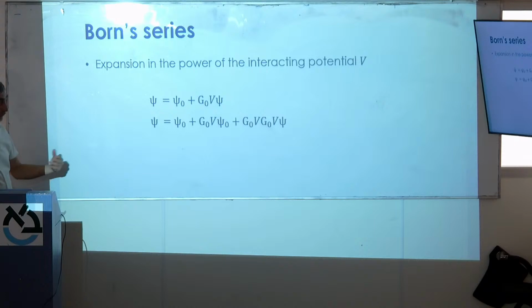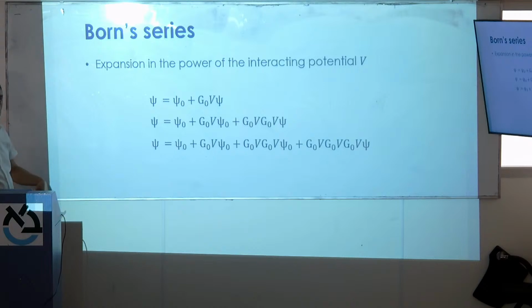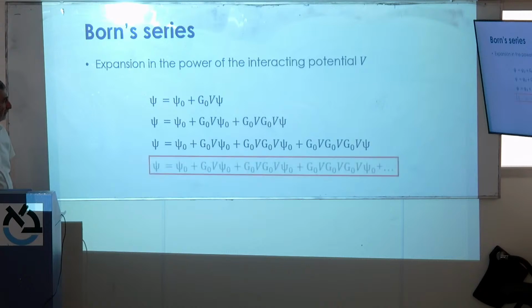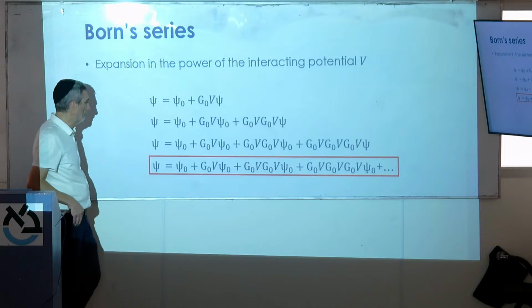Then you do it again, you take psi and put it at the end. You get a new term, and you can do that indefinitely. You get many terms. That will be the general formula.